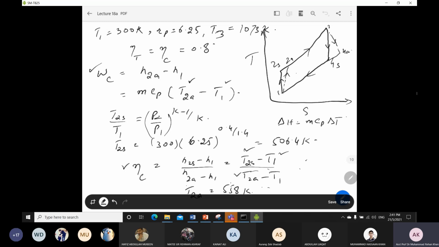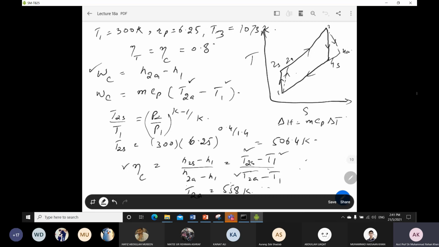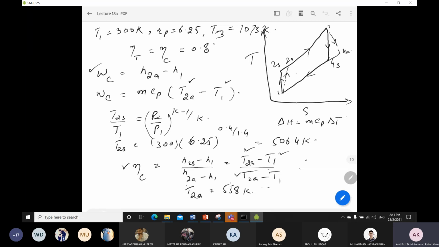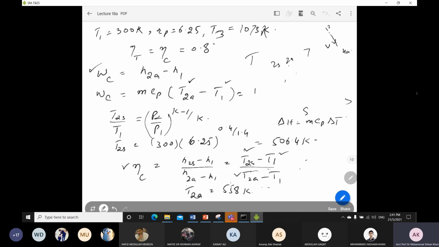Now we put the value in the equation for the compressor work.